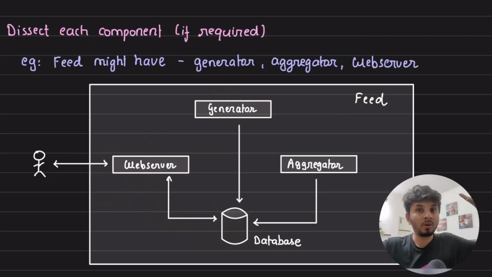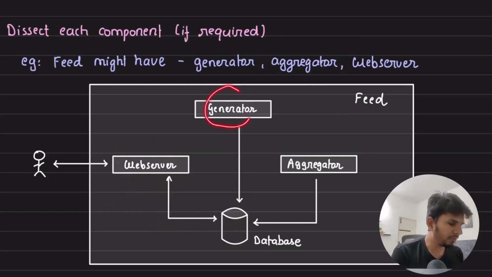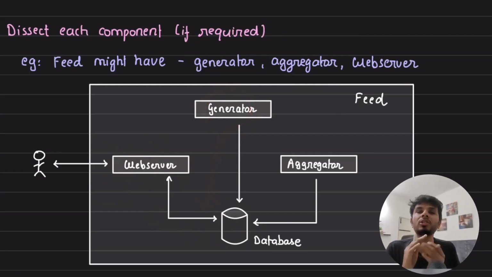You're still not decided on how, but you have just drawn a boundary: if the web server is the one serving the feed from the database, there has to be something that is putting into the database. So we define a generator that is putting into the database. This way you just drew the line around it, right?